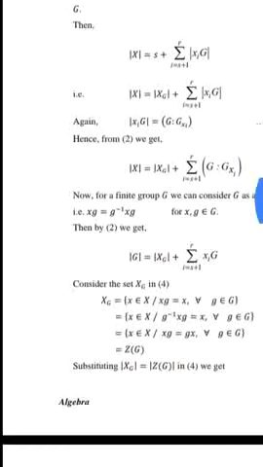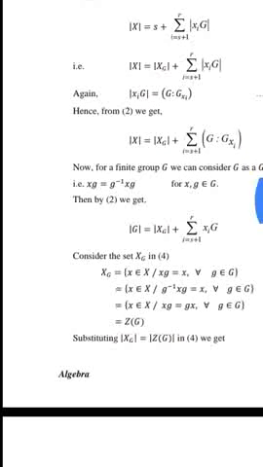Now again, the cardinality of the orbit of xi is equal to the index of Gxi in G. From this we get the cardinality of X equals the cardinality of XG plus the summation of the index of Gxi in G.